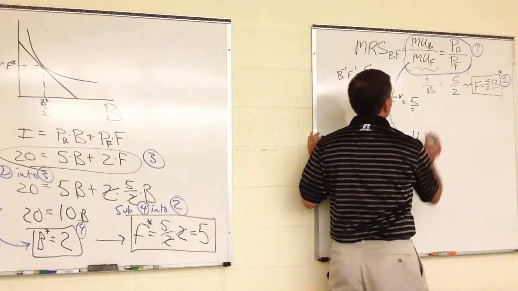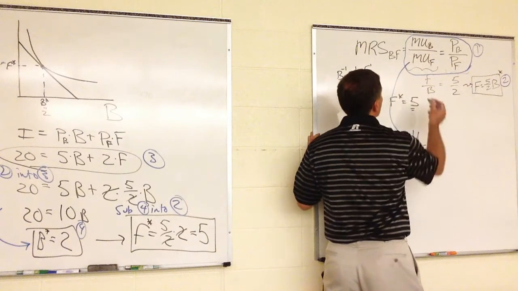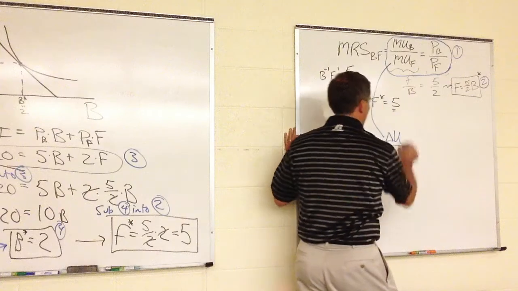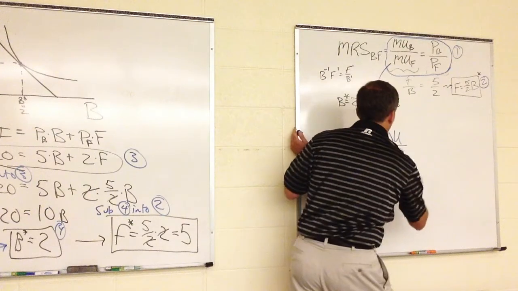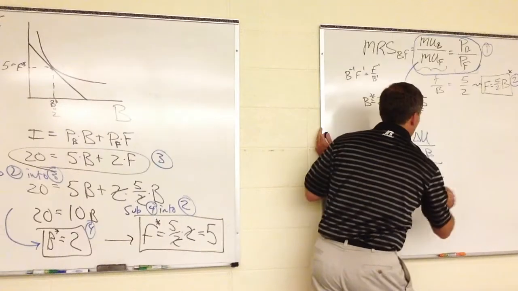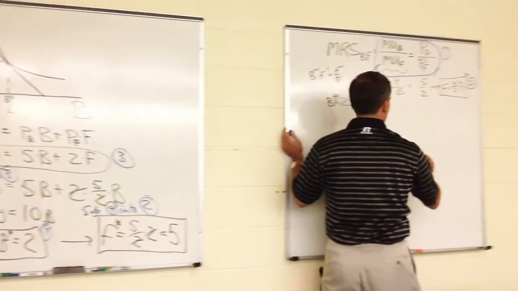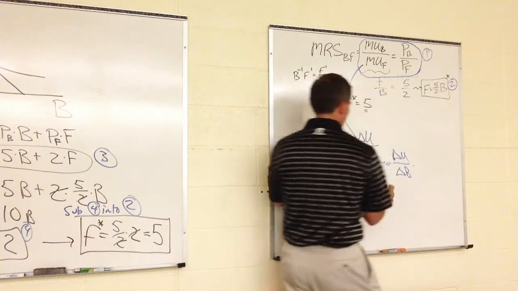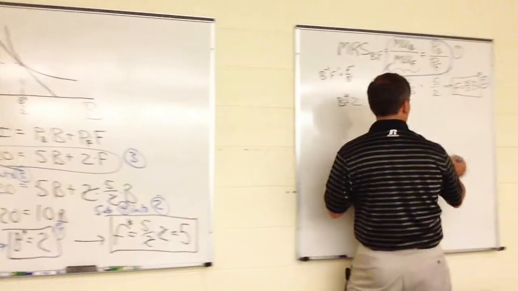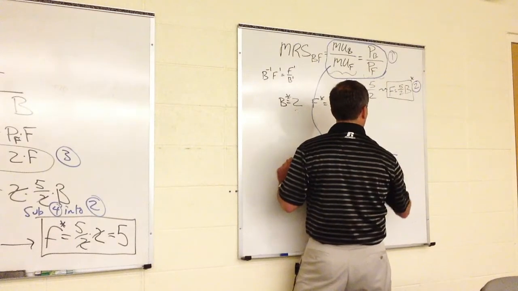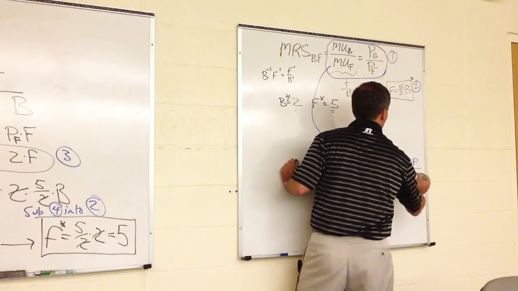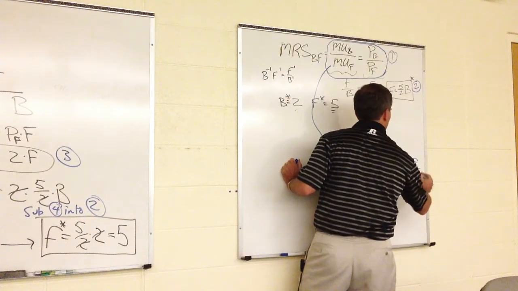So again, let me do it a little more formally. The change in utility from the change in burgers is the marginal utility of burgers, over the change in utility from the change in fries. Equals the change in utility over the change in burgers, invert the denominator, multiply it times the numerator, change in fries over the change in utility, those cancel, rise over run in the graphing space.